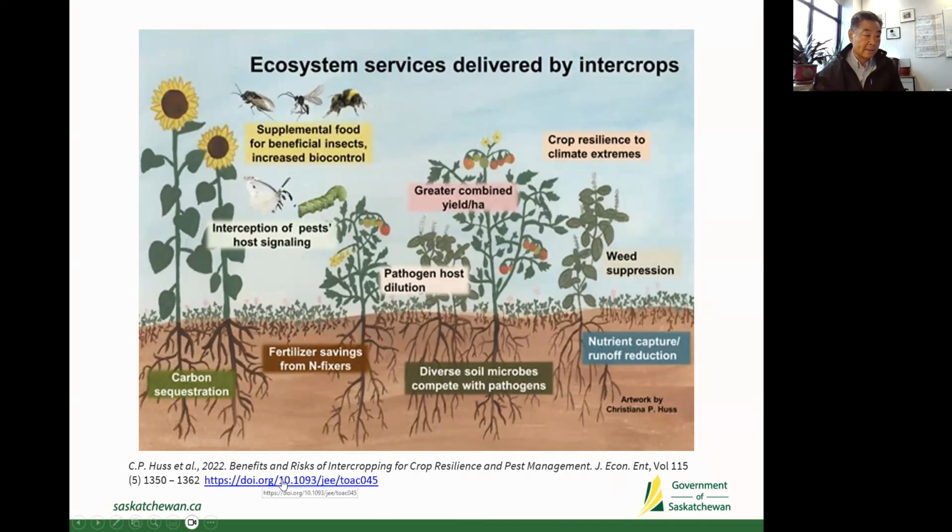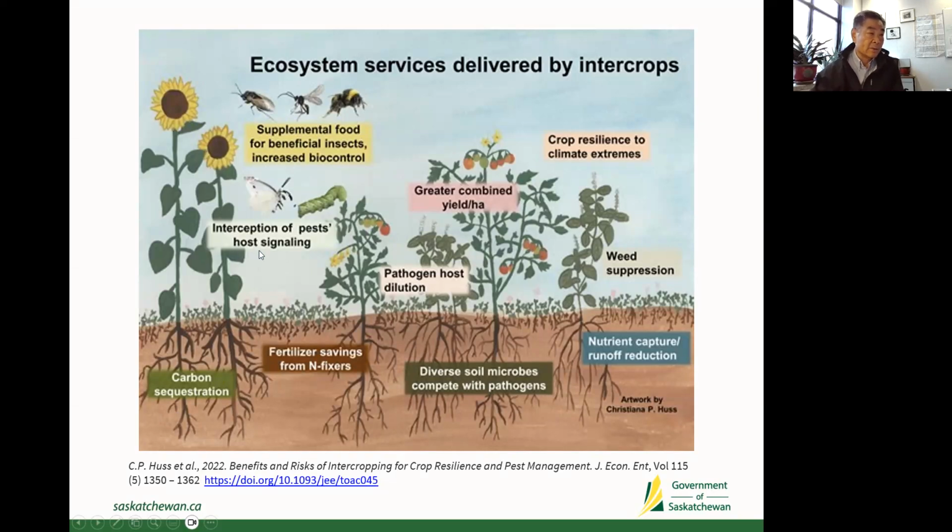And I give this web link, so when you receive this presentation, you could click on that and, if you want to, read the article. And you could see that intercropping actually increases carbon sequestration. All those are good stuff. Supplement food for beneficial insects, increase the biocontrol, and including pollination as well.